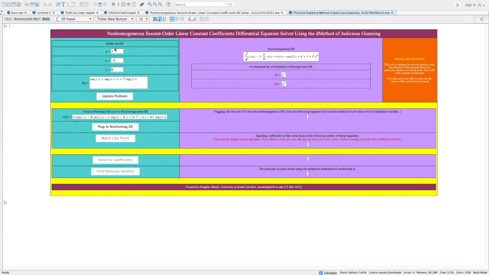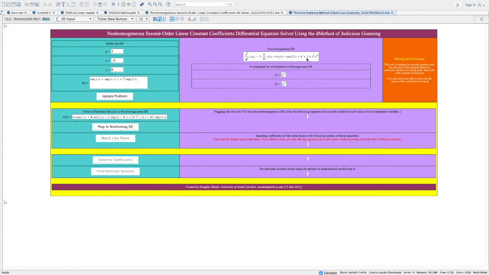So here we have our problem, and the homogeneous solution has e to the 2t and e to the 3t in it. Then the cosine 2t term is going to need two terms, a times cosine 2t and b times sine of 2t. The e to the t term is not in the homogeneous solution, so a constant times e to the t will work.